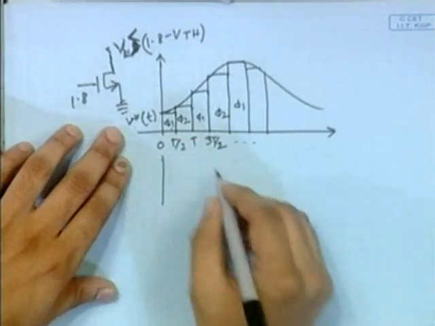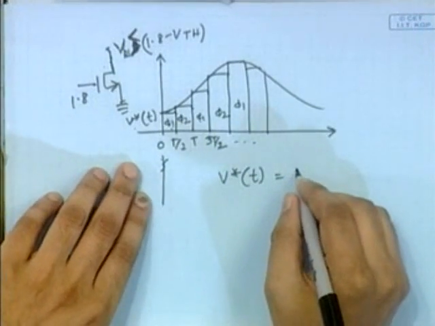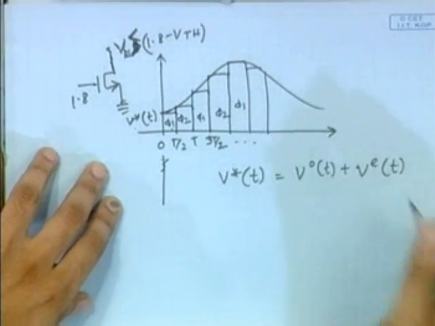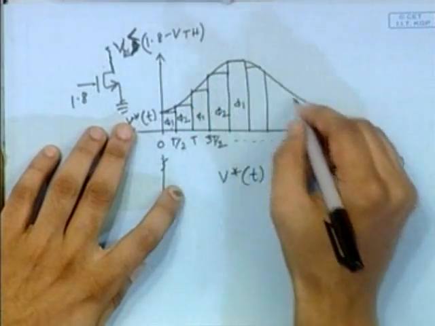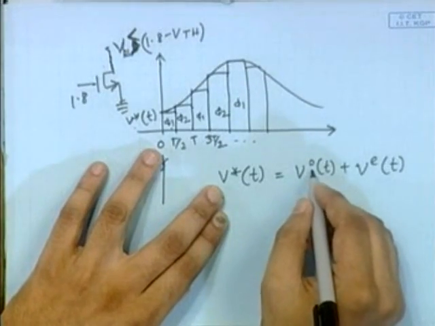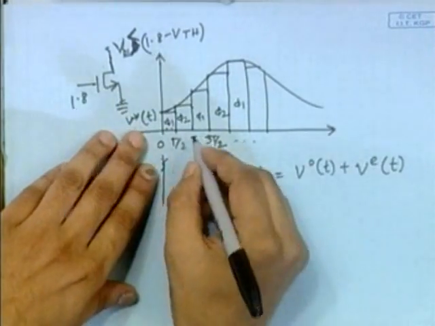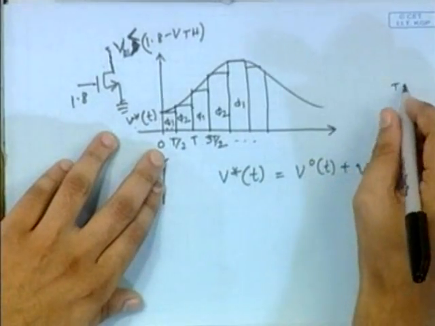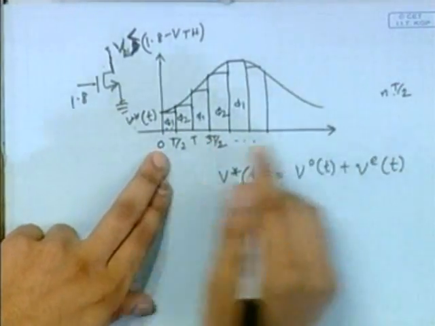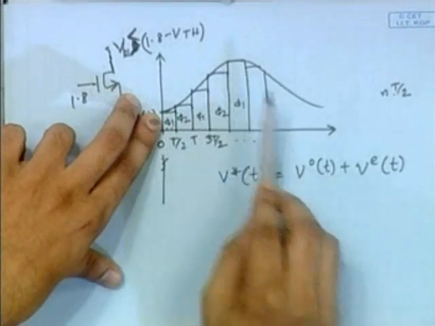Now we write this signal with O for odd samples and E for even samples, with T by 2 multiplied by N. If N is an odd number, then we take these samples: the first one, third one, fifth one.